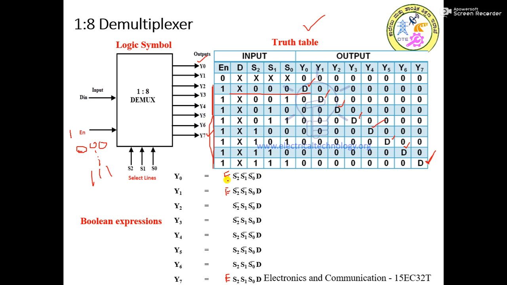But here, if you consider the enable, then we need 5 input AND gates. How many such 5 input AND gates are required? Since there are 8 outputs, we need 8 5-input AND gates to implement these 8 outputs.